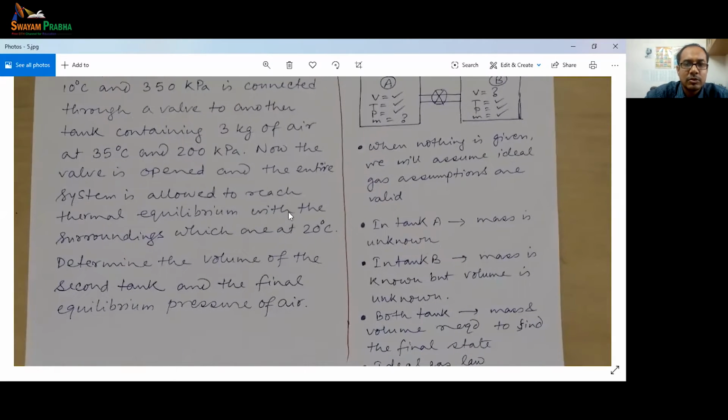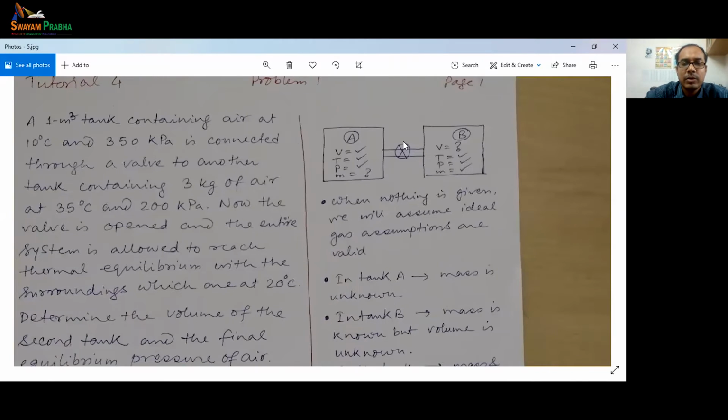Now the valve is opened and the entire system is allowed to reach thermal equilibrium with the surroundings, which are at 20 degrees centigrade. You are opening this valve so that the gases can come in contact, so there will be mixing.